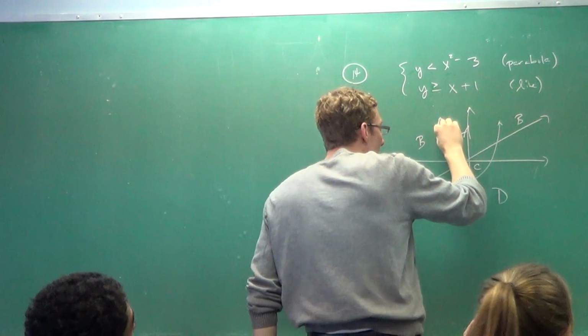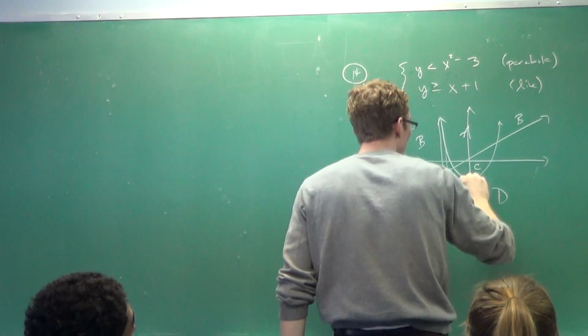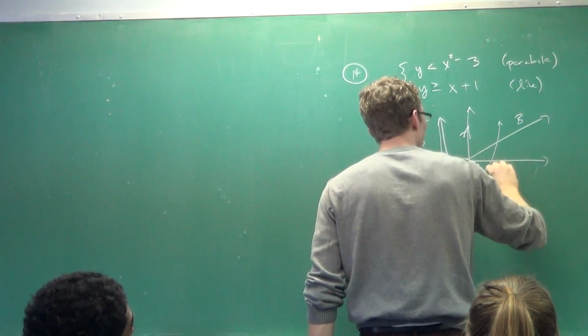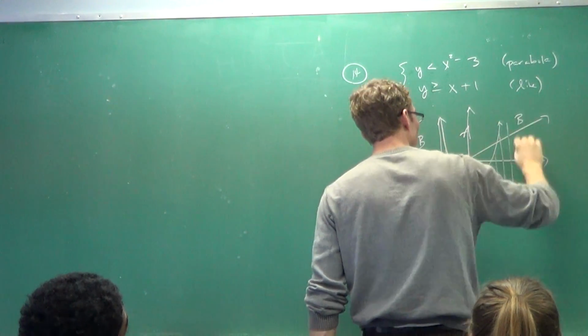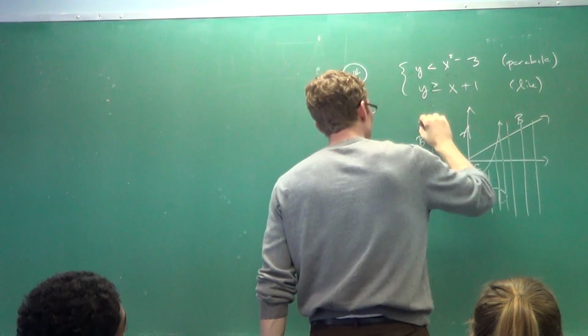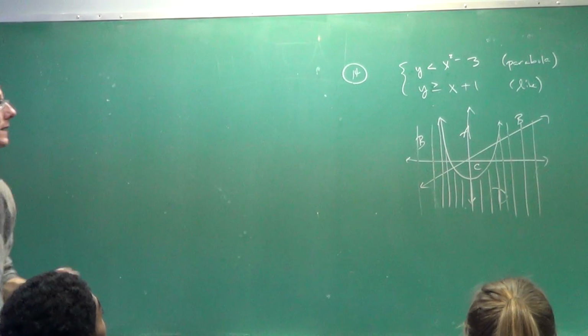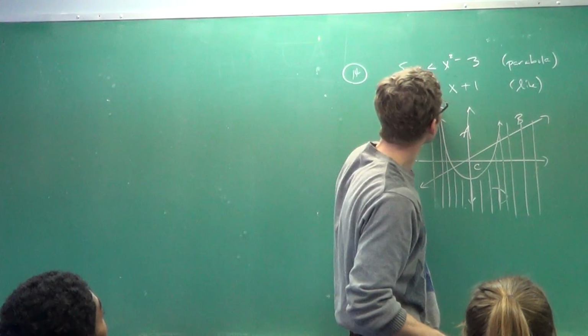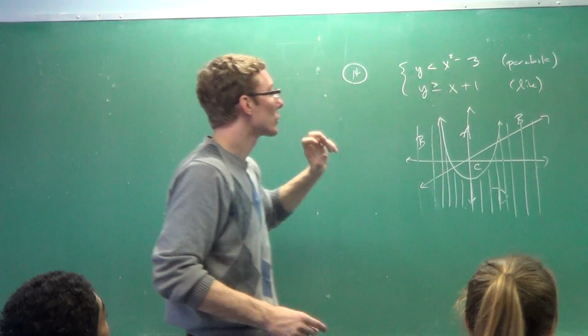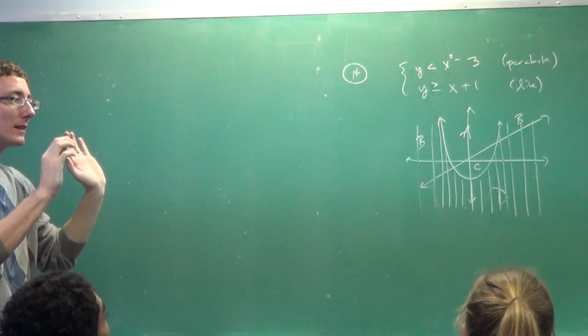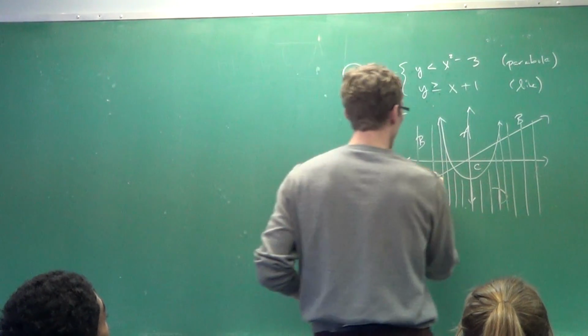So everywhere under the parabola, I'm going to shade vertically. Now we need everything that's also above the line. So I'm going to take everything above the line and shade horizontally.